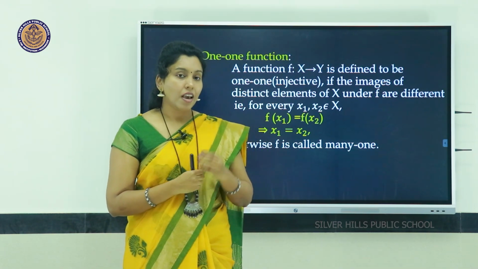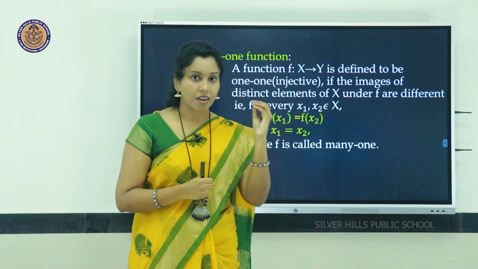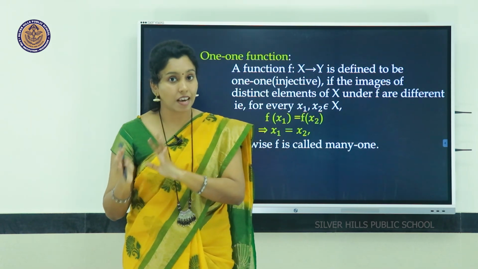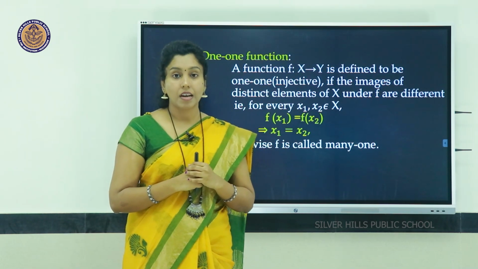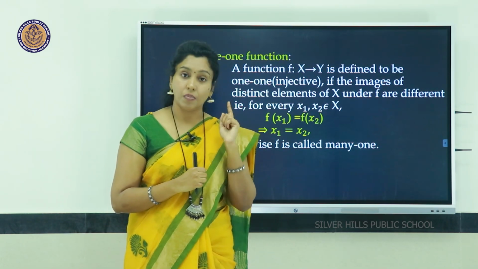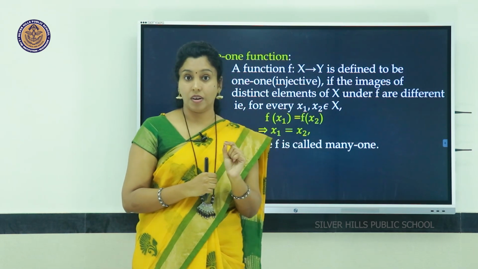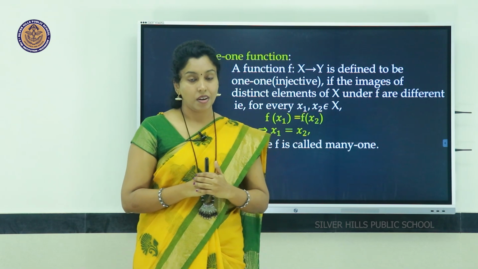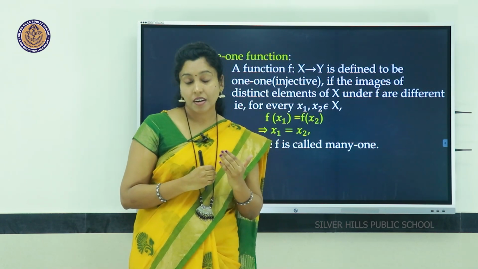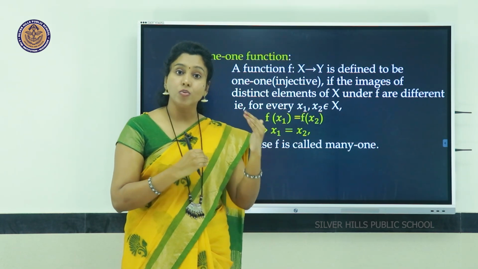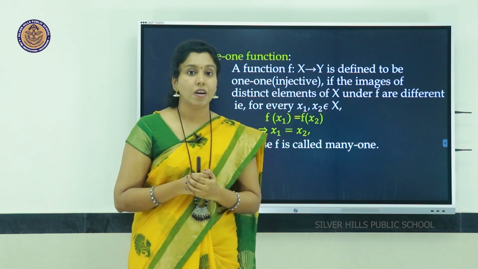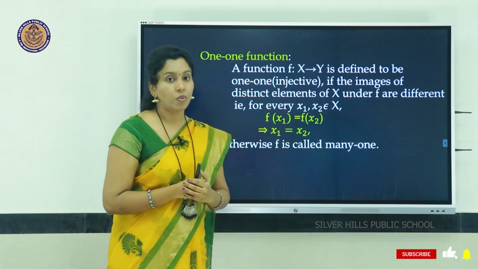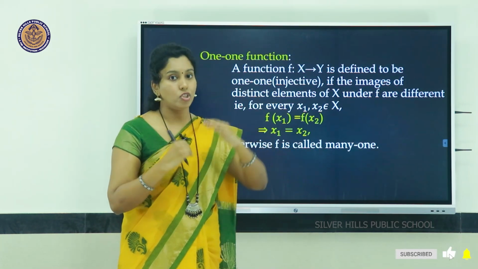That means, if you substitute x1 and x2 in the function and you are getting the same value, then the given function will be 1-1 only if x1 is equal to x2. If x1 and x2 are different, then x1 and x2 go to the same member. So, that won't be 1-1, we will call it a many-1 function, many going to 1.